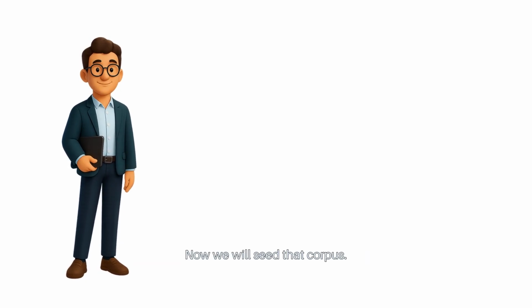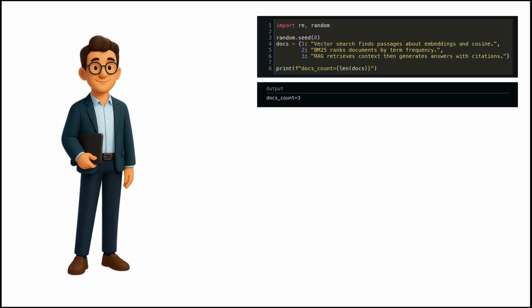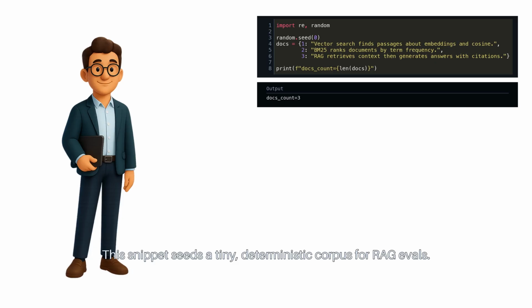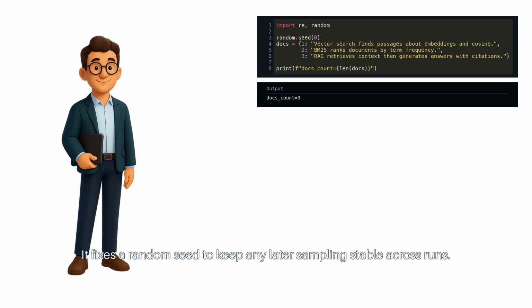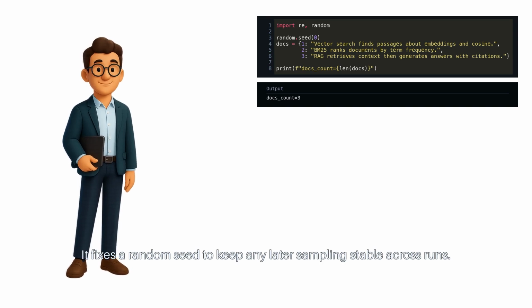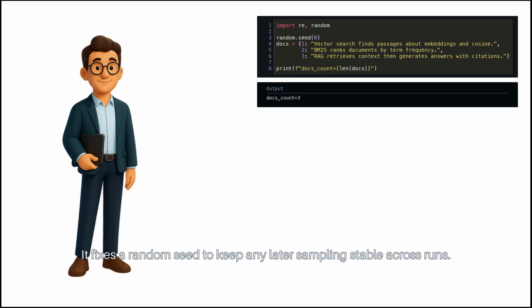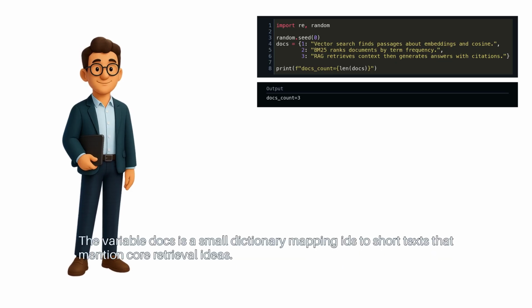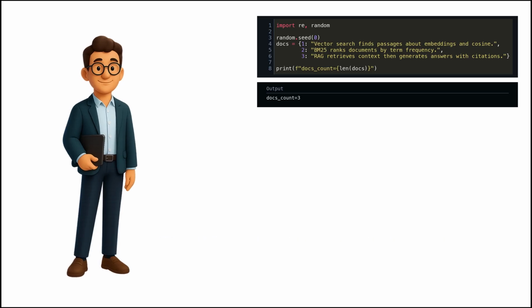Now, we will seed that corpus. This snippet seeds a tiny deterministic corpus for RAG evals. It fixes a random seed to keep any later sampling stable across runs. The variable docs is a small dictionary mapping IDs to short texts that mention core retrieval ideas.